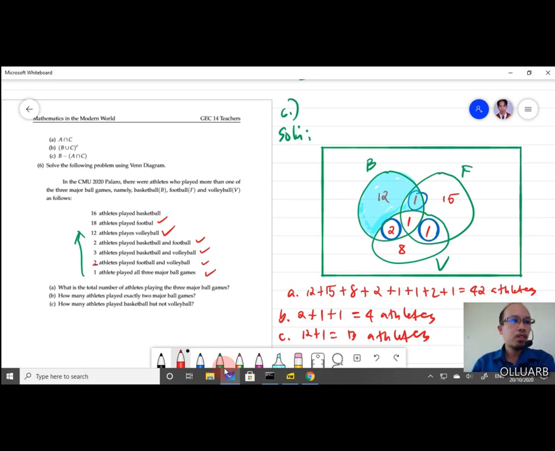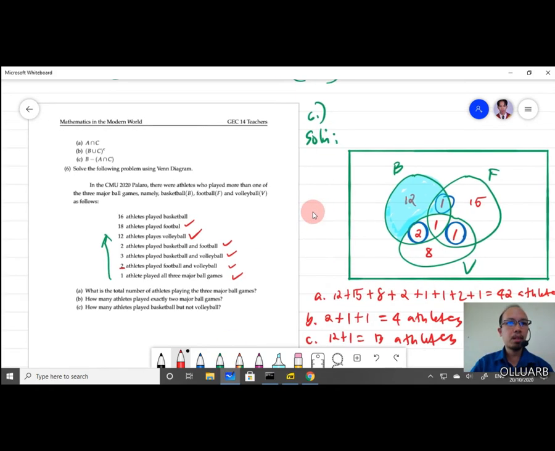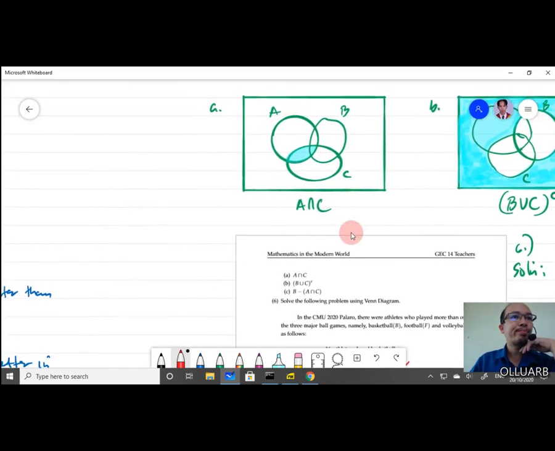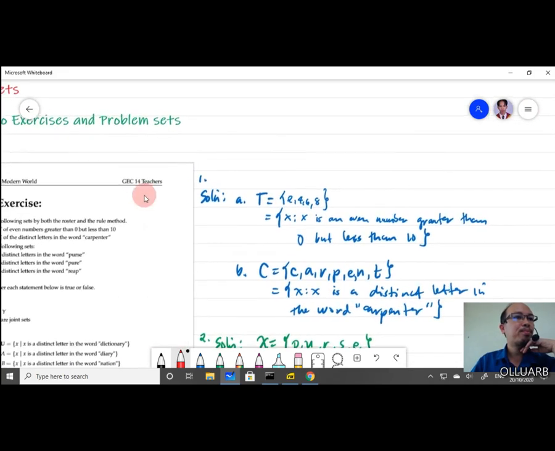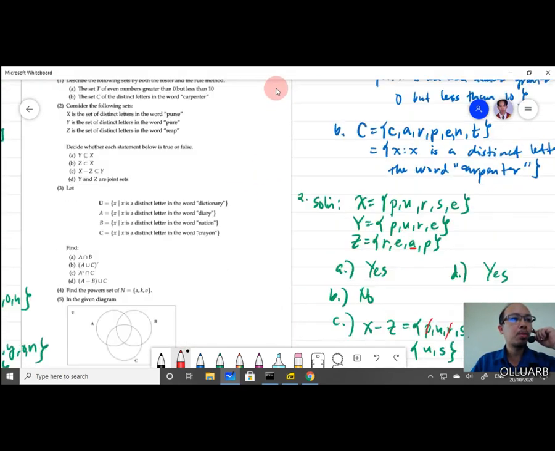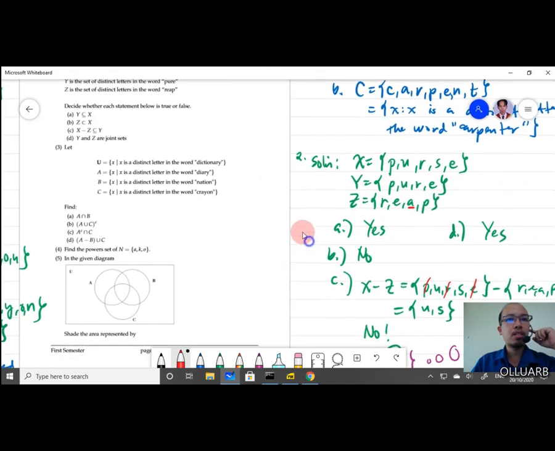Okay, so that's practice exercise number 1 up to 6.